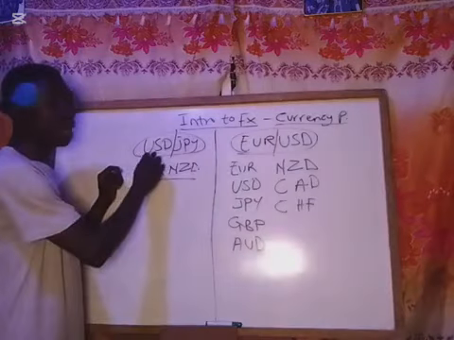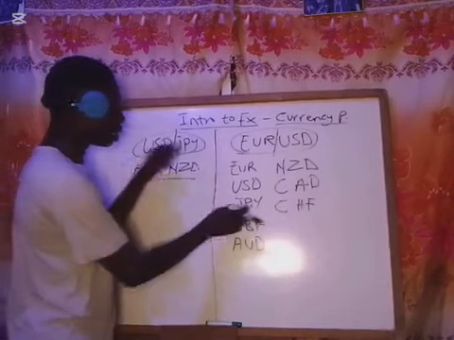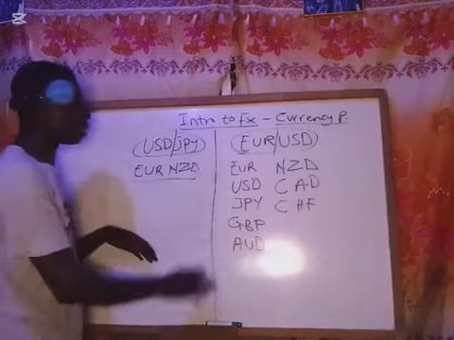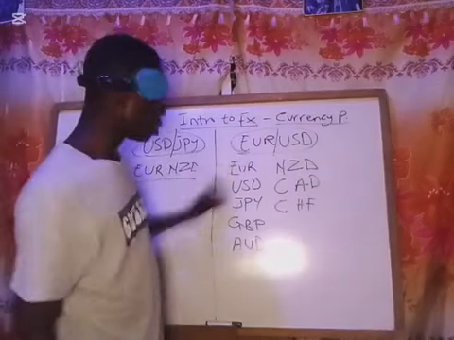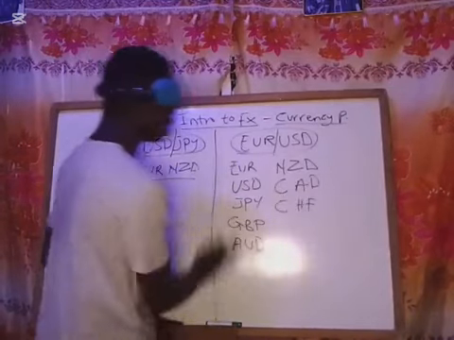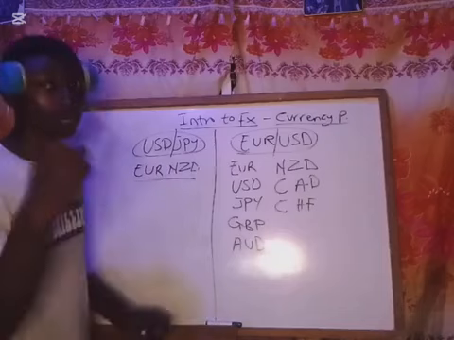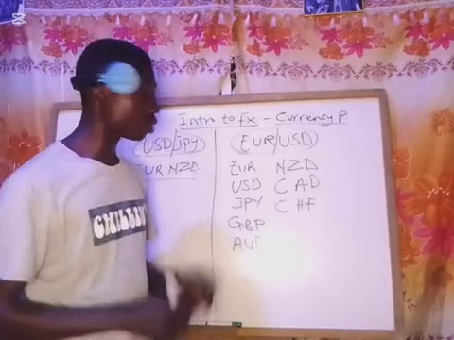USD, US dollars, together with the Japanese yen becomes a pair. Same as Euro to USD. You can choose any currency over here and combine it with any currency over here. Two different currencies quoted together is a pair.